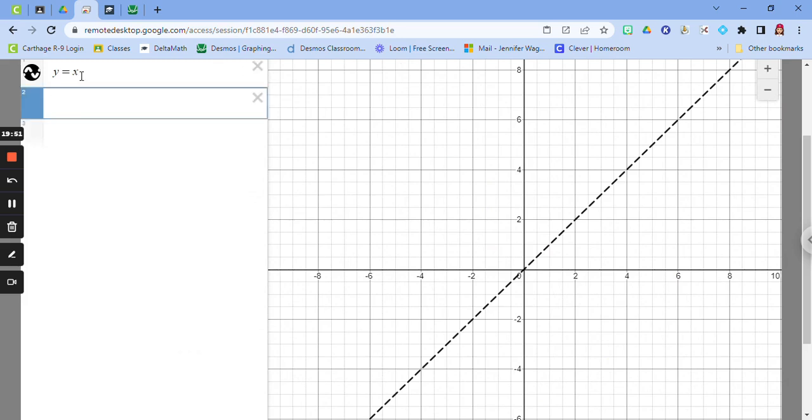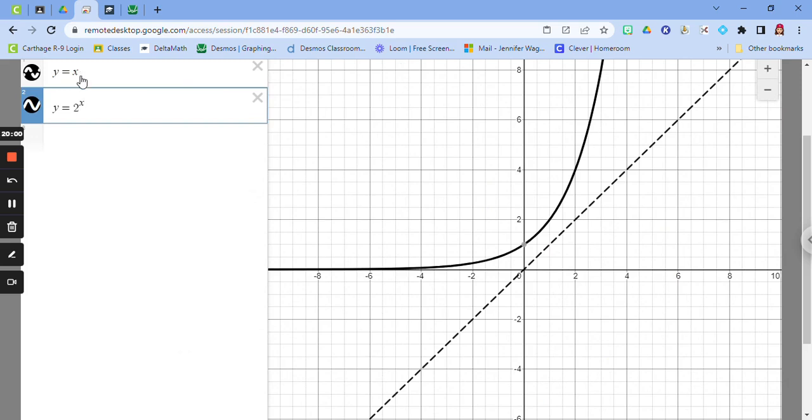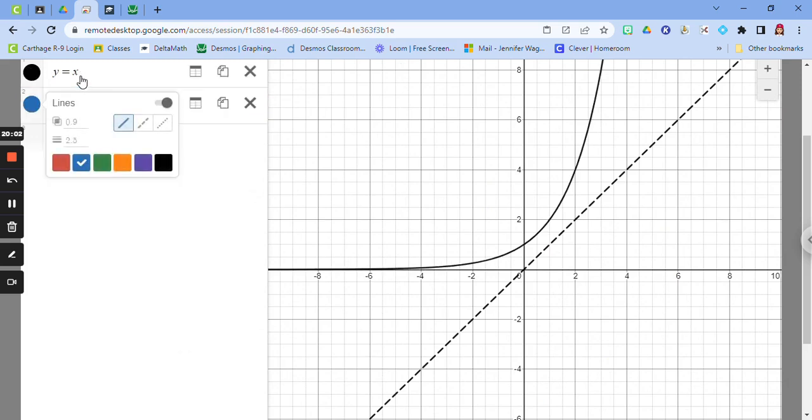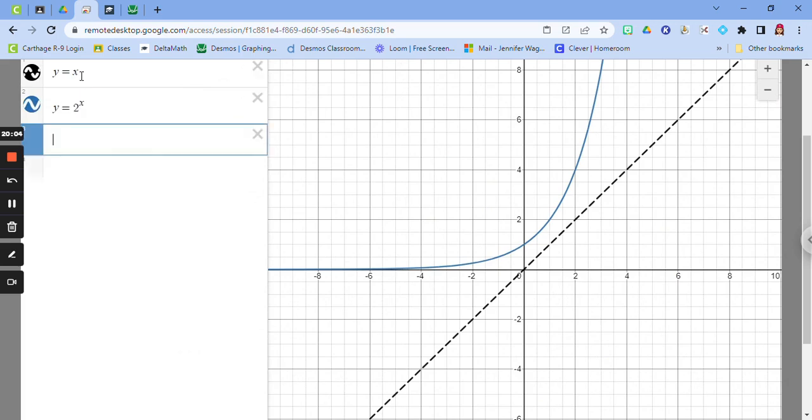Now, I'm going to type the exponential equation. Again, I don't want it that color. So the domain of exponential equations, as we remember from day one of this, is all real numbers.